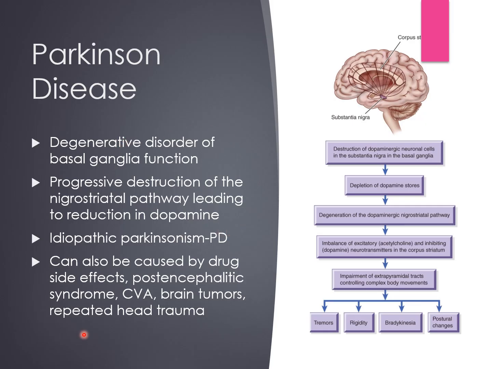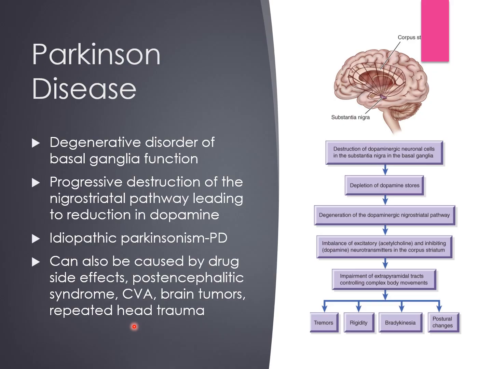But you can also see Parkinsonism-like disorders with things like drug side effects, which you'll talk about probably in your pharmacology course. Some people get this in what we call post-encephalitic syndrome, where people have encephalitis or inflammation of the brain. Once that inflammation clears, sometimes people are left with Parkinsonism-like movements.